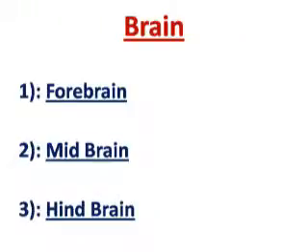So now we will come to the brain. Human brain can be divided into 3 parts: forebrain, midbrain and hindbrain. We are going to discuss each part of the brain in the next slide.